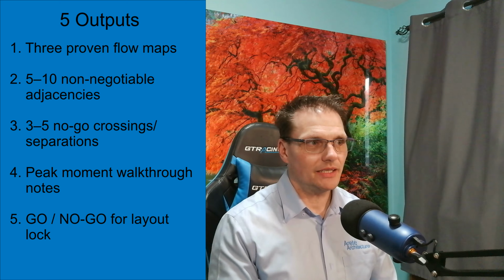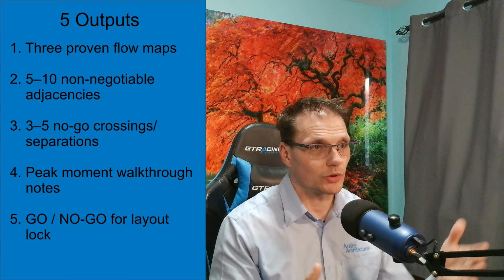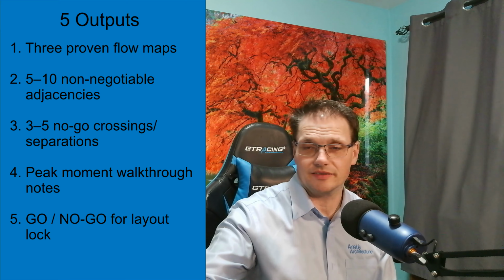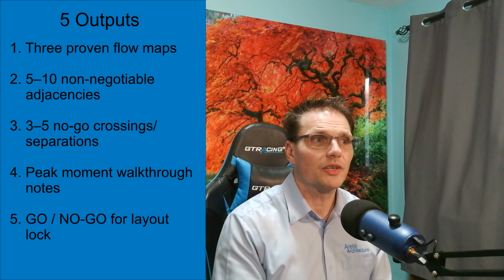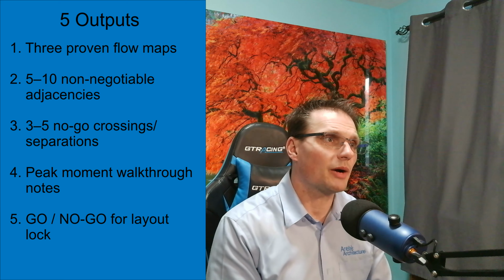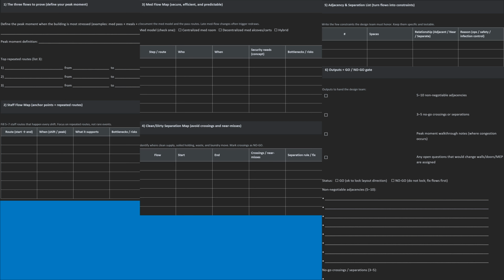By the end of today, you'll have 5 outputs: 3 flow maps, a short list of non-negotiable adjacencies, a short list of no-go crossings and separations, notes from a peak moment walkthrough, and a go or no-go decision about whether the layout direction is safe to lock. This is the AFAM Matrix, the Adjacency and Flow Alignment Matrix.